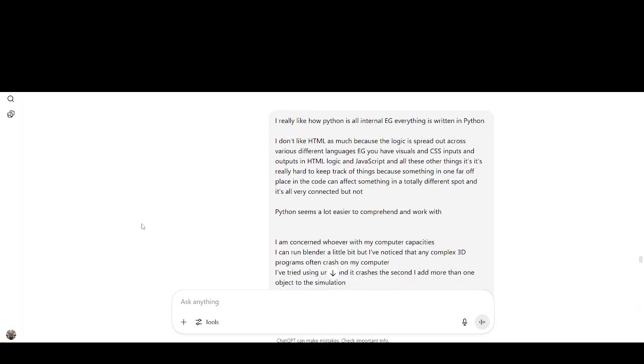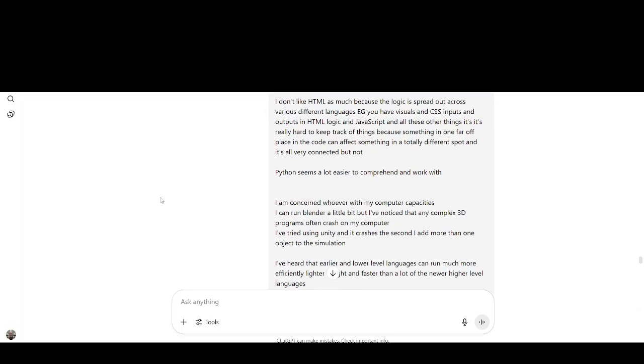I really like how Python is all internal, everything is written in Python. I don't like HTML as much because the logic is spread out across various different languages.